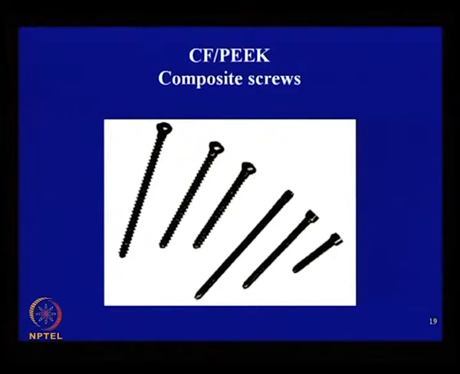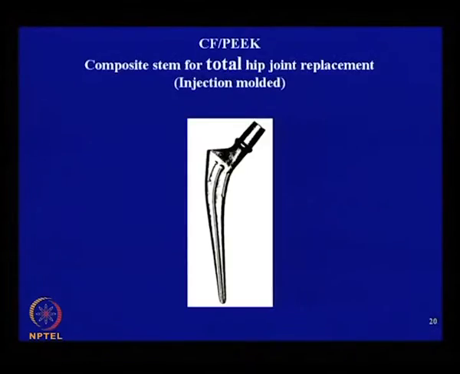Screws, you can have metal screws. Now, metal screws are being replaced today by these composite screws made from carbon fiber and PEEK, polyether ether ketone. Hip joint, hip prosthesis, again the same carbon fiber PEEK, injection molded composite are being used today.